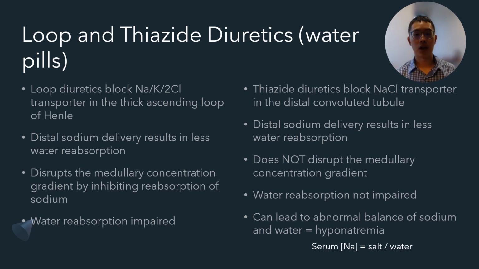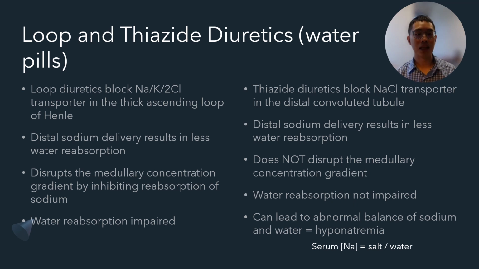This is similar to the phenomenon that we see at the beginning and the end of the loop of Henle, where at first water is removed, followed by salt removal, to result in a salt concentration that's almost the same despite having removed a bunch of salt and water. However, if we're able to reabsorb water back into the body due to the presence of a very strong medullary concentration gradient, but not salt, then you can see that the sodium concentration will actually tend to fall, with the denominator of water in the body becoming larger, but the numerator of salt becoming smaller.